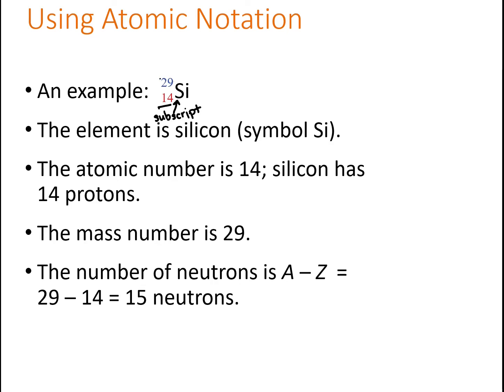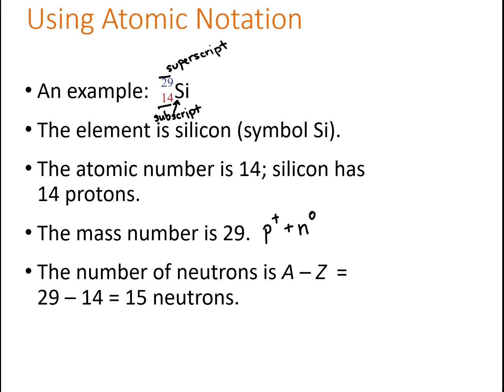Above that, there's a superscript, which is the mass number, and that is the number of protons plus the number of neutrons.